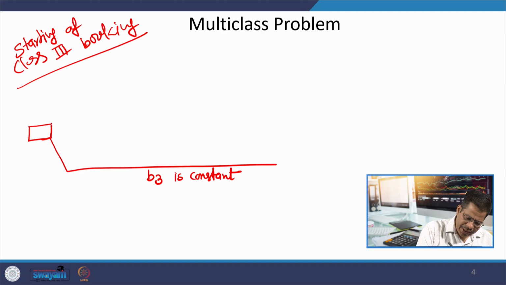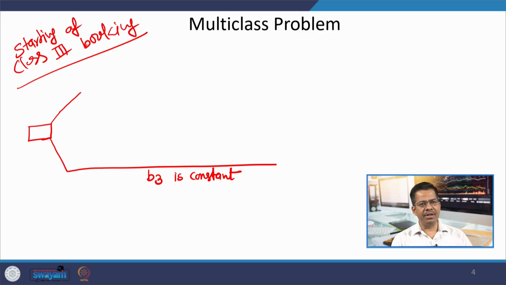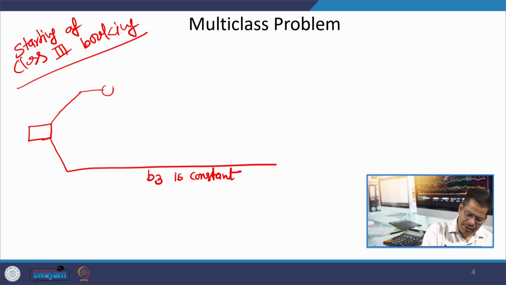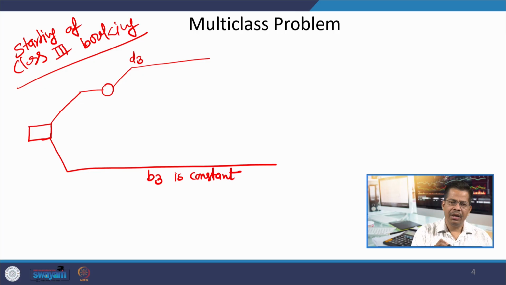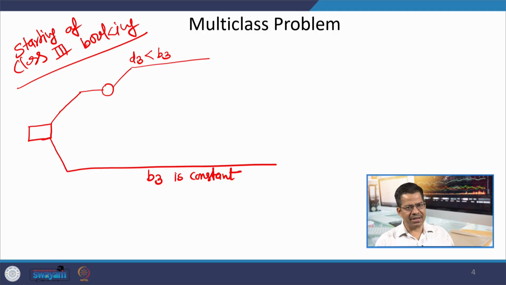That is the first thing. Second is, you are going to increase the capacity of your system, and when you do that, there are two possibilities which may happen. One possibility is your demand of class 3, D3, remains less than B3, and we will see what is going to be the impact of this.